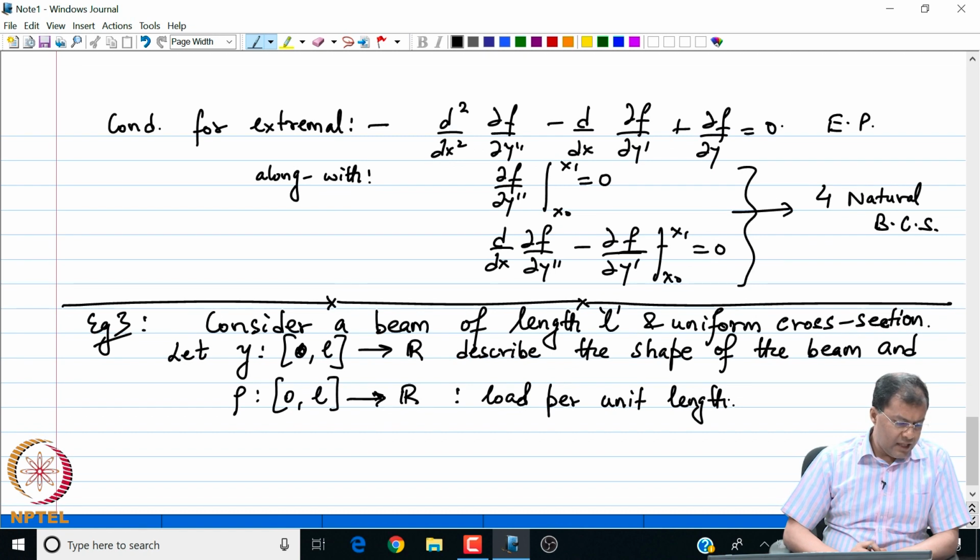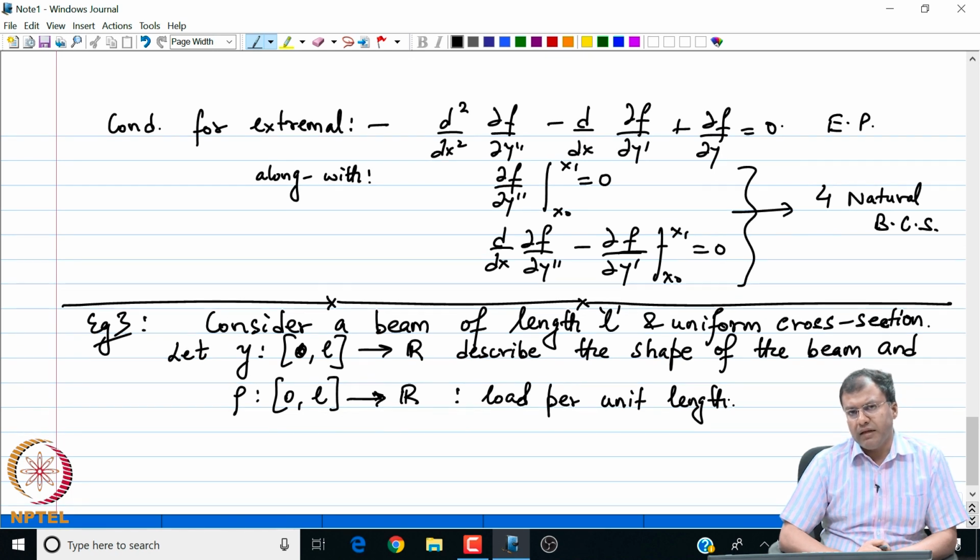So, in that case the shape of the beam is governed by the functional which minimizes the energy of the beam, right.